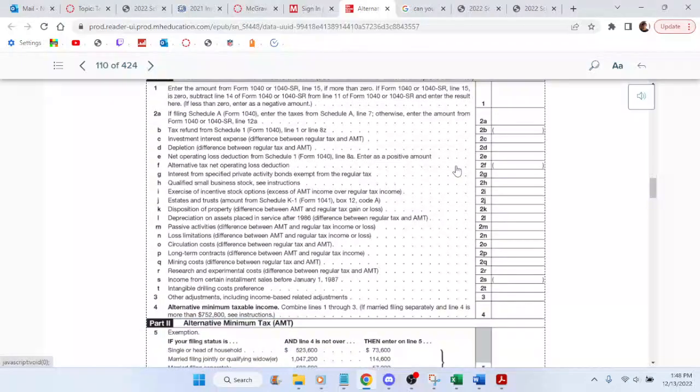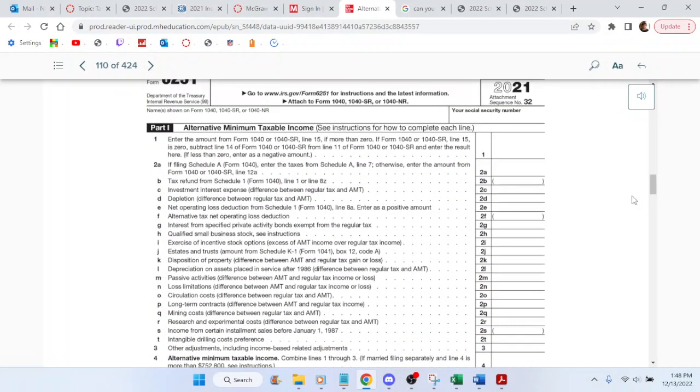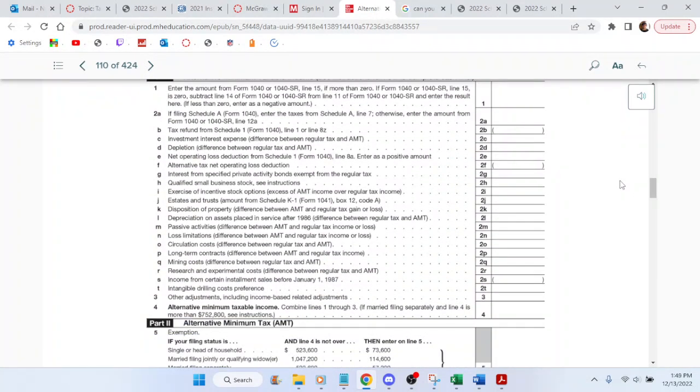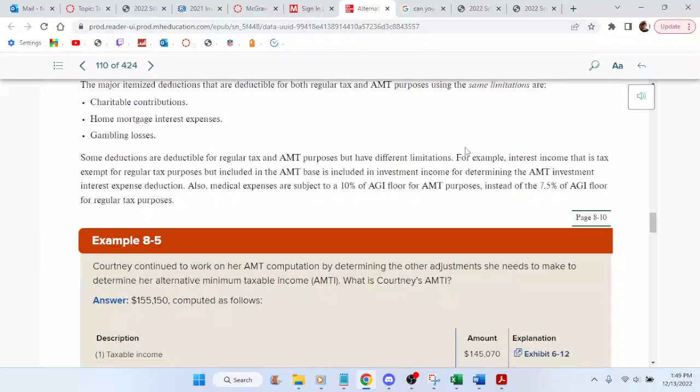Where is it? Where's the medical expense one? It's got to be on here. Come on. Where is it? It has to be on here. What? Oh, gotta be kidding me. How am I supposed to do the medical expenses one?